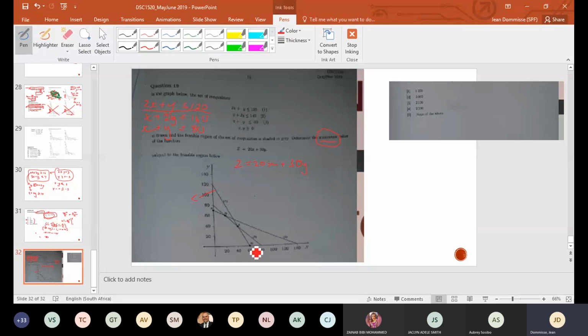So that's the first line. The second one was 140. That's the second one. Okay. And the third one is again smaller. So we're only looking at that region. The region wasn't colored in or anything like that.